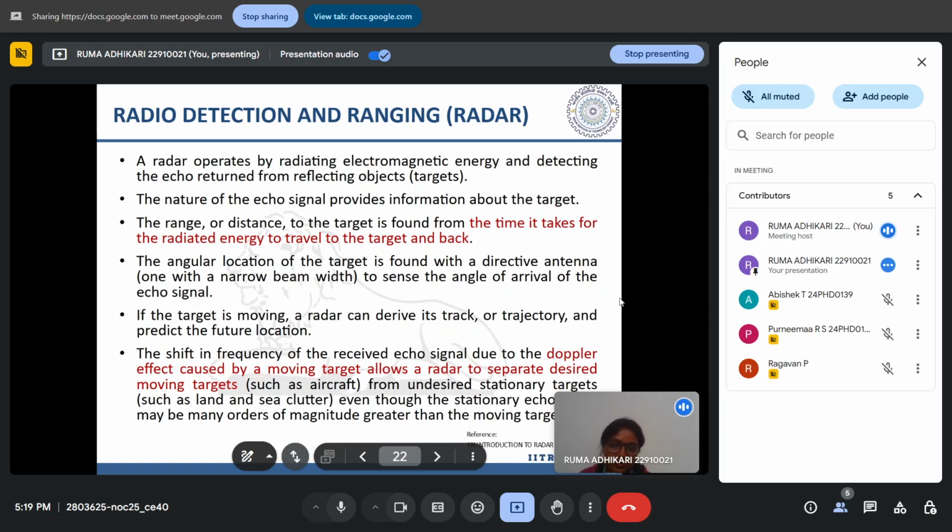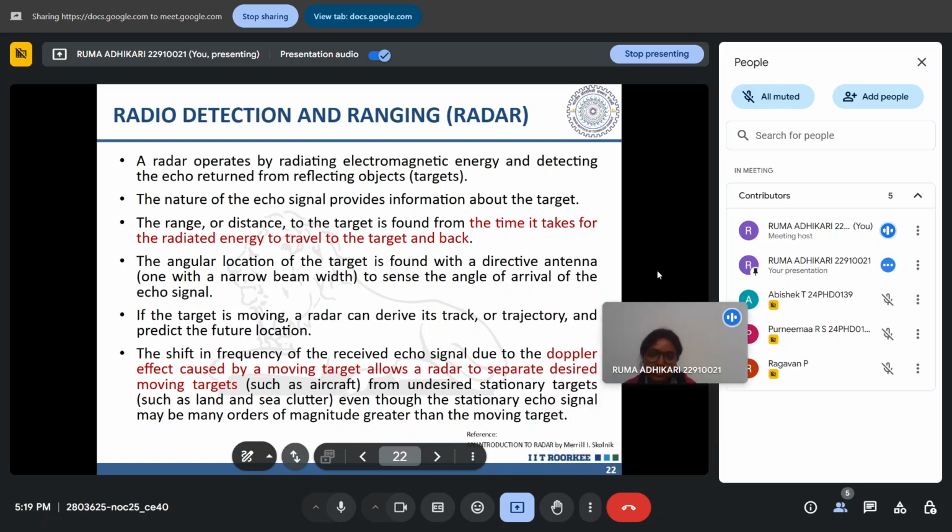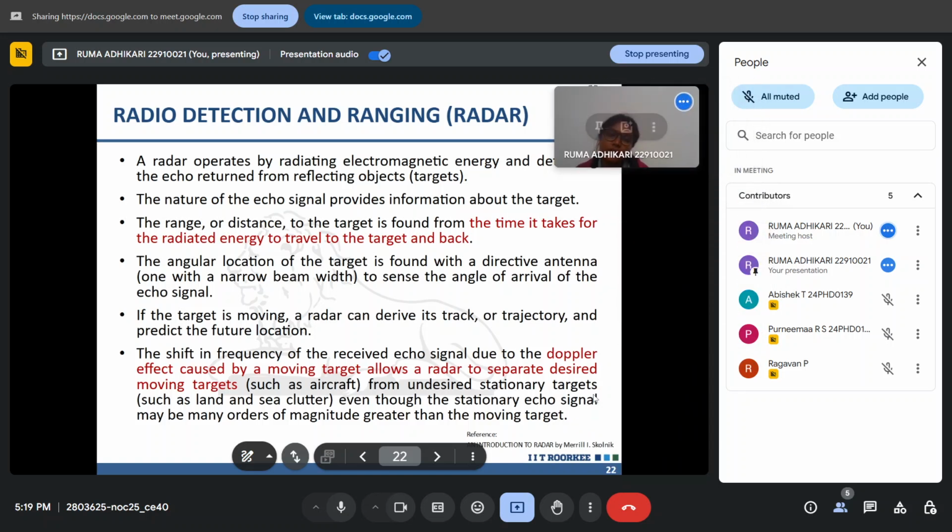If the target is moving, a radar can derive its track or trajectory and predict the future location. The shift in frequency of the received echo due to the Doppler effect caused by a moving target allows a radar to separate desired moving targets, such as aircraft, even though the stationary echo signal may be many orders of magnitude greater than the moving target.